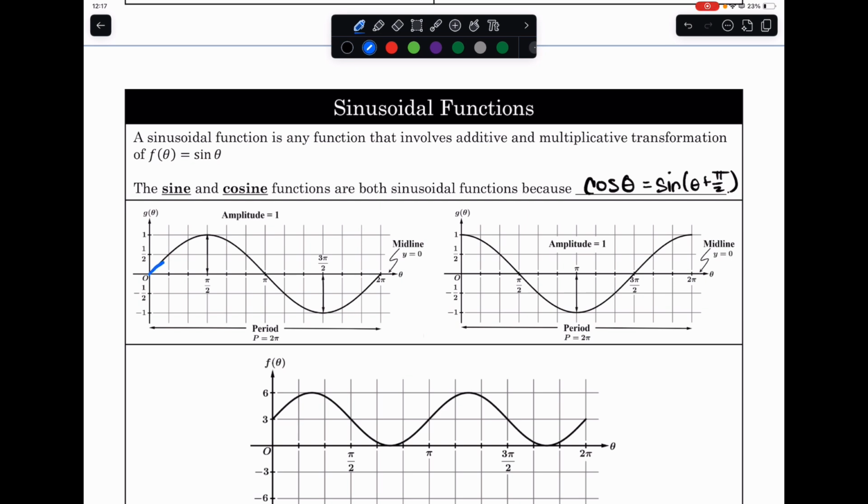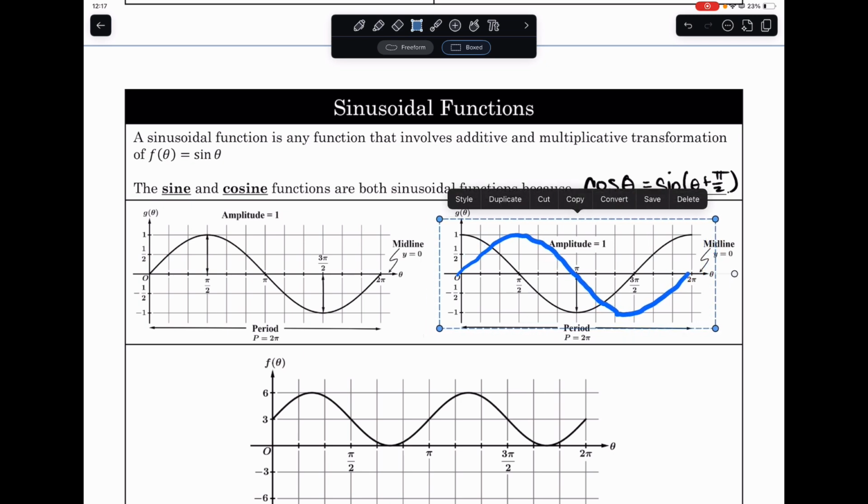Okay, here's my sine function. I'm going to trace it as best as possible right there. And this is what the function will look like over here. If I shift it over, look where pi over 2 is.